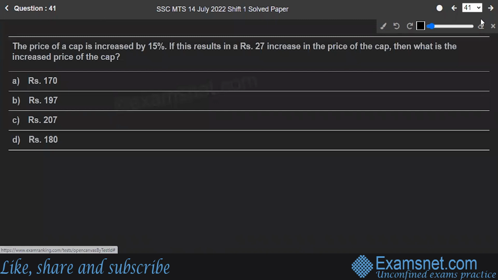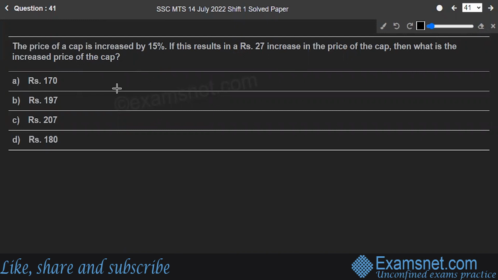The price of a cap is increased by 15%. If this results in rupees 27 increase in the price of the cap, then what is the increased price of the cap? In this question, you are given percentages, and if this results in a 27 rupees increase in the price of the cap, then you have to find out the increased price of the cap.